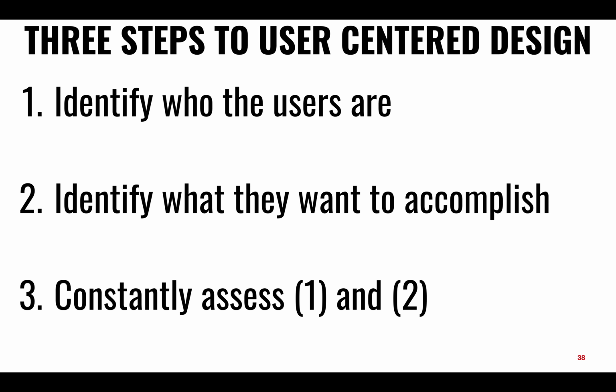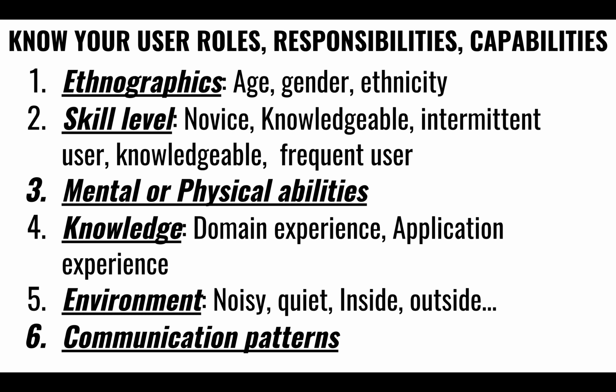So the steps basically are: identify who your users are, identify what it is that they're trying to accomplish, and constantly revisit these two assumptions, or the hypotheses that fall from these two steps at the top.